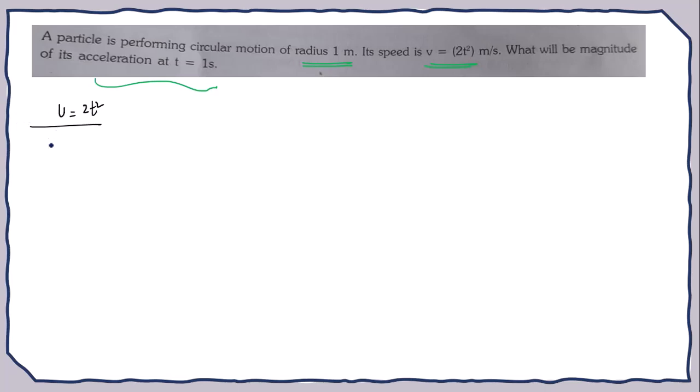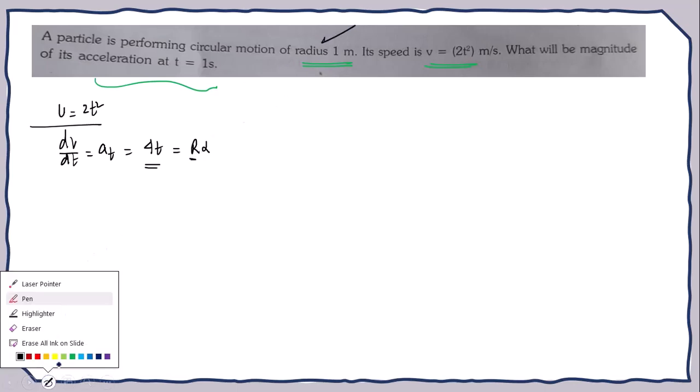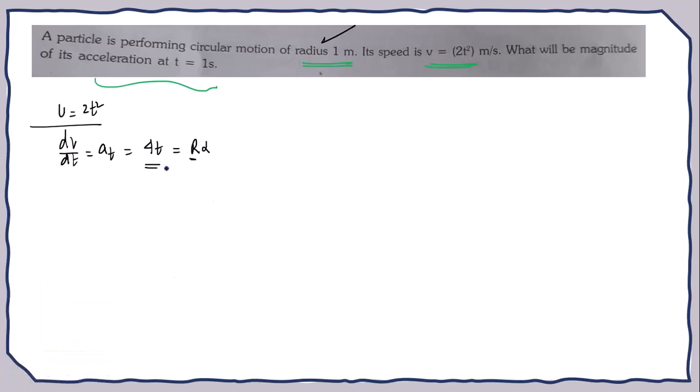So if I perform dv by dt, that gives the value of AT. AT is equal to how much? 4t. Corresponding to AT, we can write AT equals r into alpha. So r is given as 1 meter. So I can calculate the value of alpha as equal to 4t.